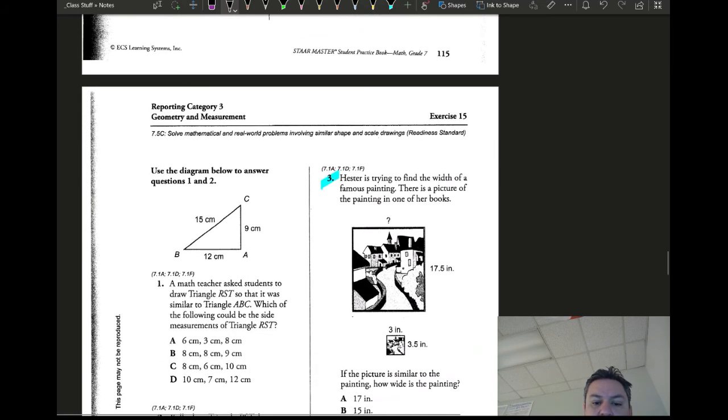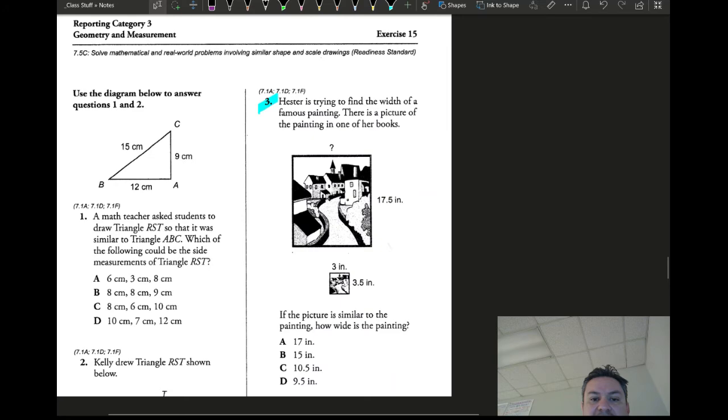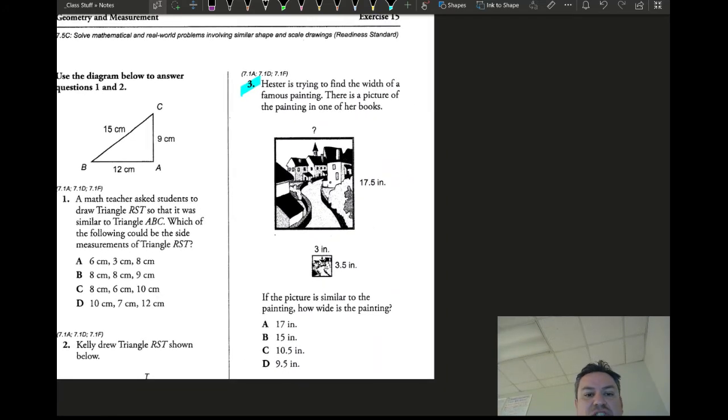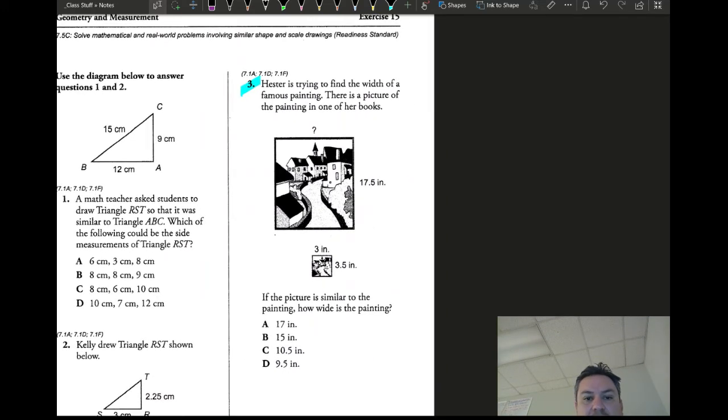Let's see, one more. Hester is trying to find the width of a famous painting. This is the painting on the book. So, this picture, what is this? So this is just like a scale drawing, similar shape and scale drawing. So we have 1 and 2, 1 and 2.